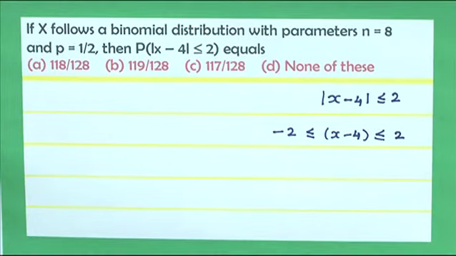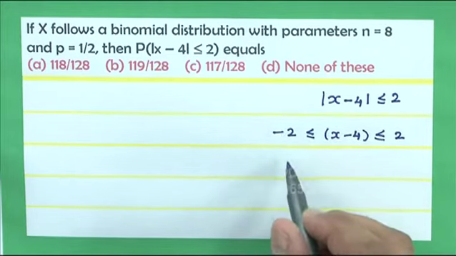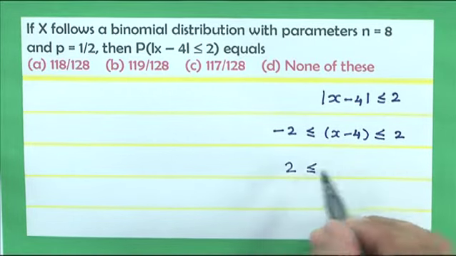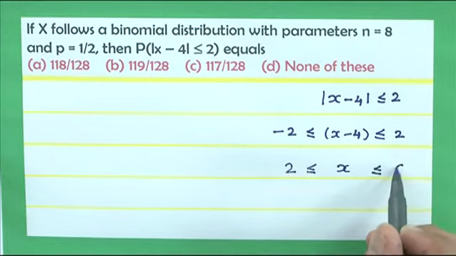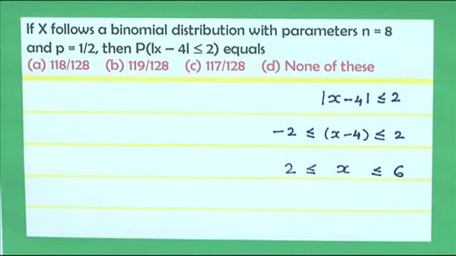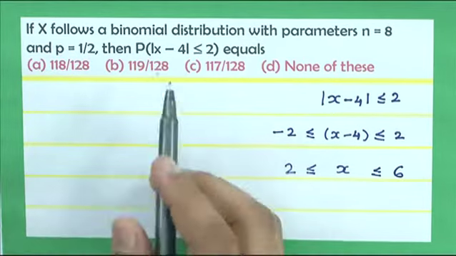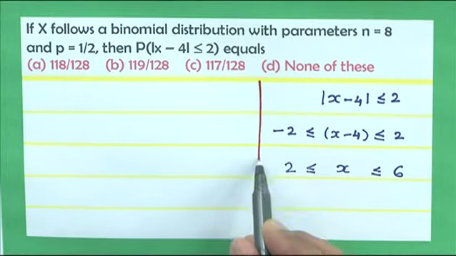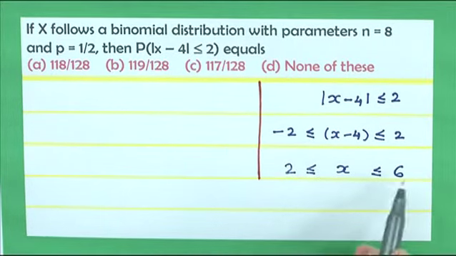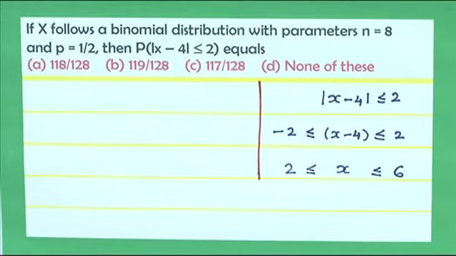Now I do a very simple operation: I add 4 on all three sides, so that will be -2 + 4, that's 2, x - 4 + 4, that's x, and 2 + 4, that is 6. So saying |x - 4| ≤ 2 is the same as saying 2 ≤ x ≤ 6. So this is exactly what we need to find now.